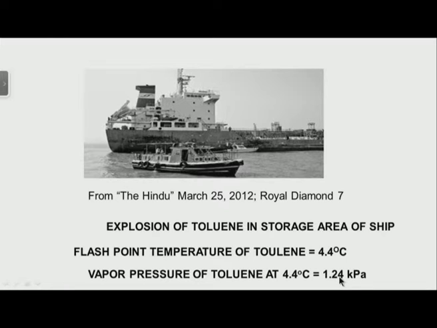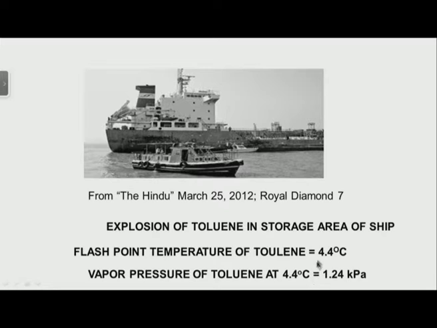Therefore, what is the limit of flammability? The ambient pressure is 100 kPa. Therefore, the percentage volume of toluene divided by the volume of mixture is 1.24 divided by 100 times 100, which is equal to 1.24 volume toluene divided by volume of the mixture.